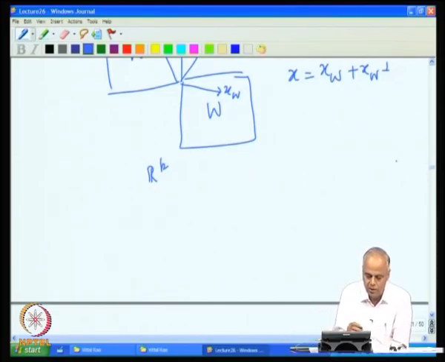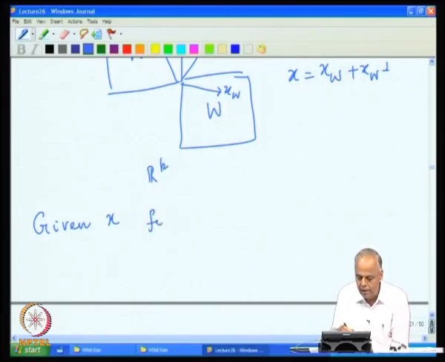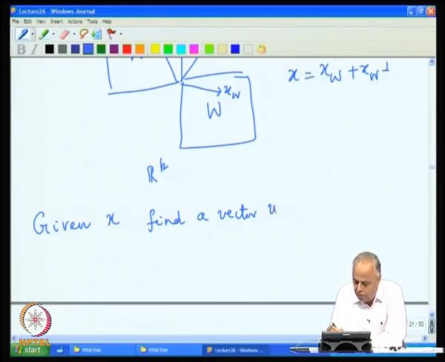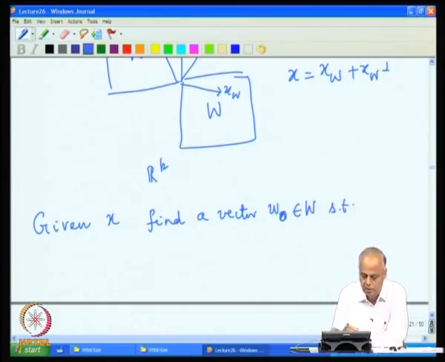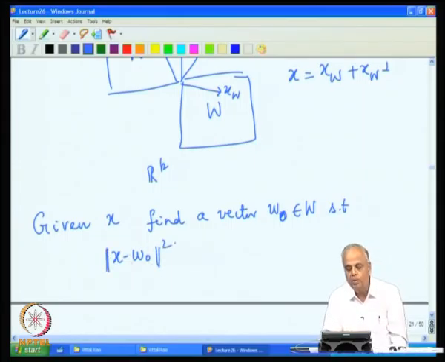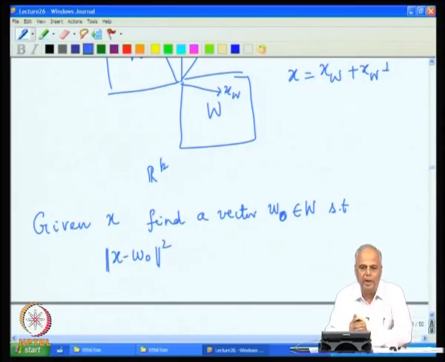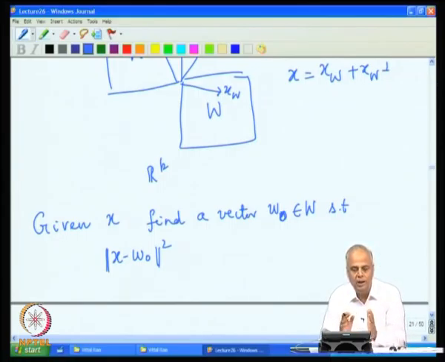What this means is, given x, find a vector, which we will call W naught, in W, such that if I take W naught as the approximation for x, then the error is x minus W naught, and the quantification of the error is the length squared. So, this is the error by taking W naught as the approximation of x.